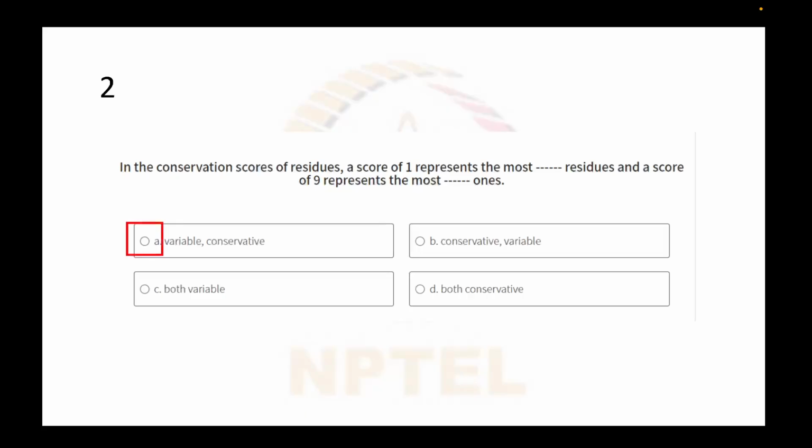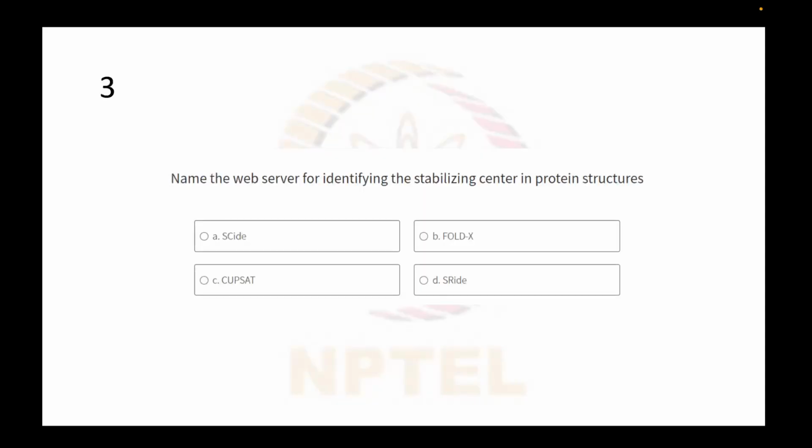So the lower score represents the variable residues and the higher score represents the conservative residues.